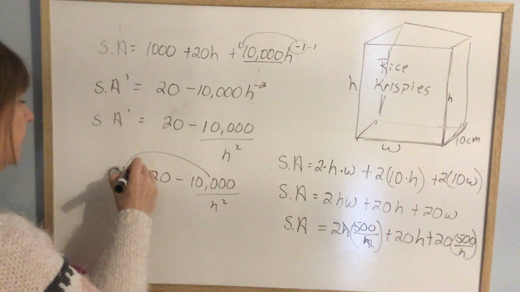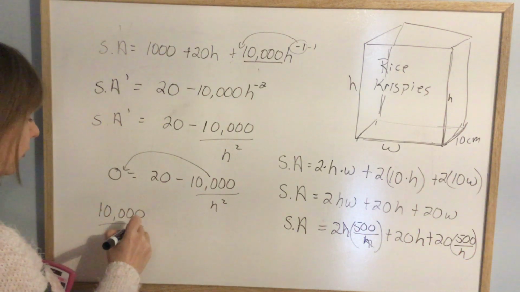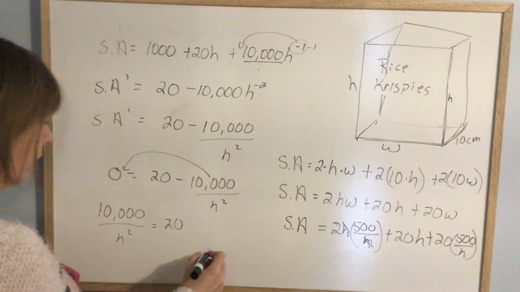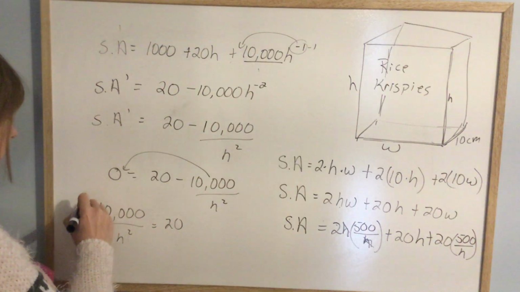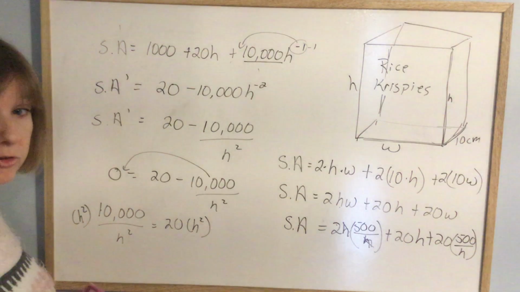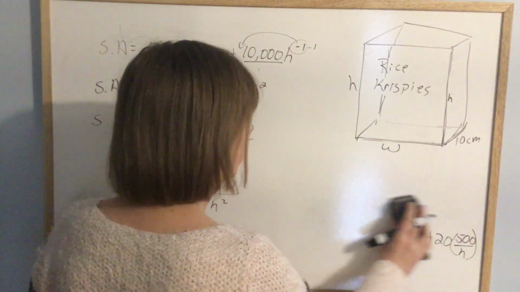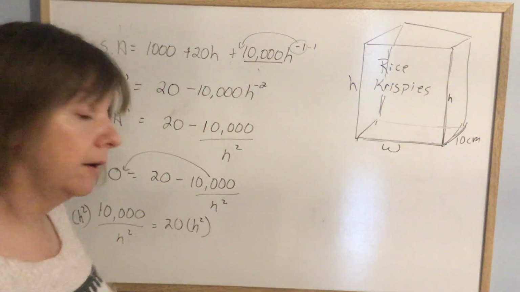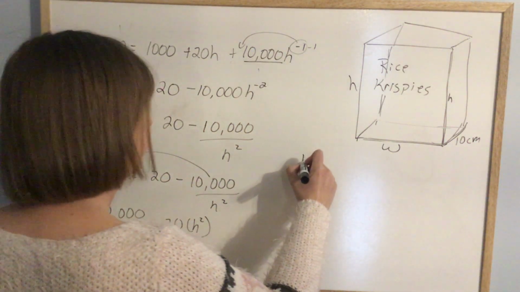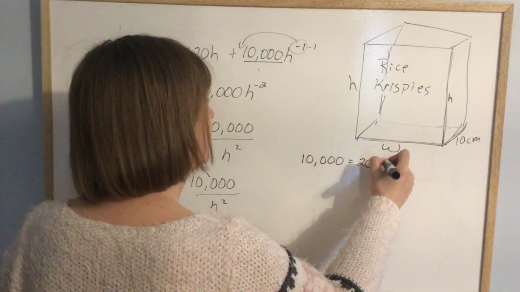So I'm going to move this over here, and I'm going to have 10,000 over h squared is equal to 20. So I'll multiply this side by h squared, running out of space again, so I'm going over here. And so those will cancel. I have 10,000 is equal to 20h squared.